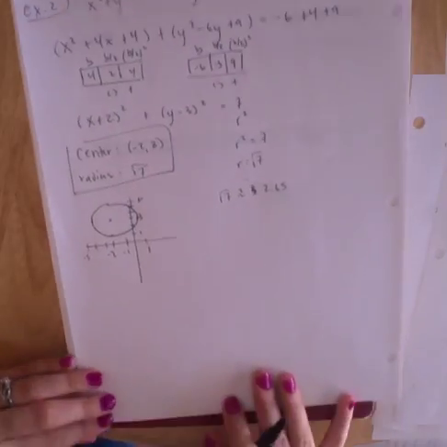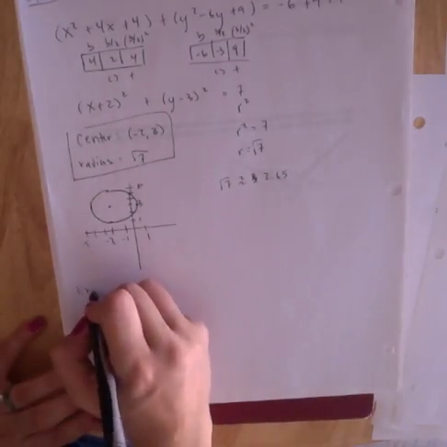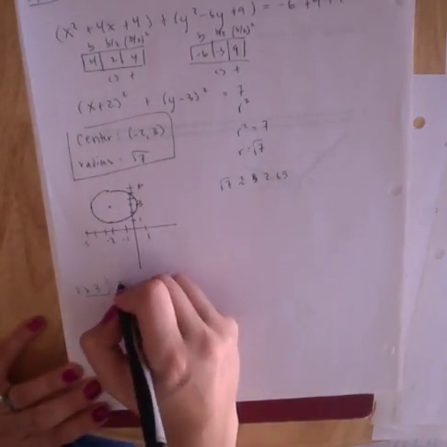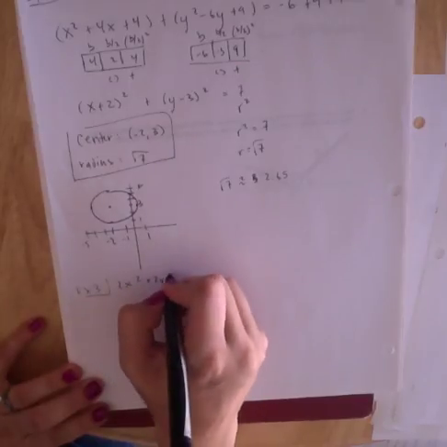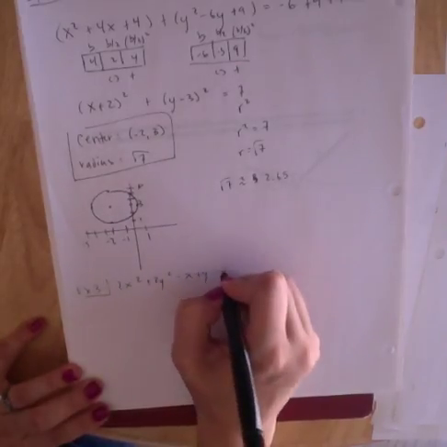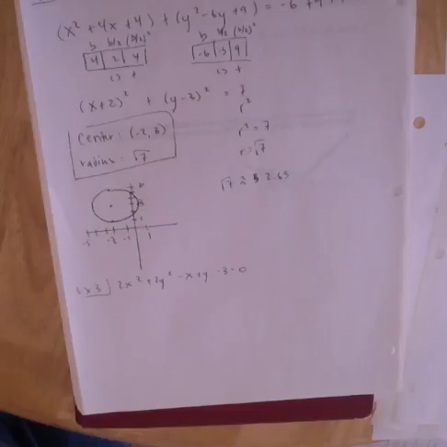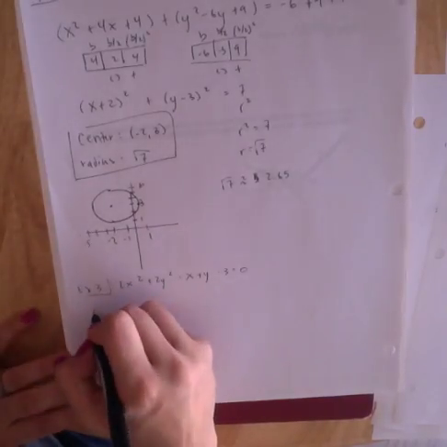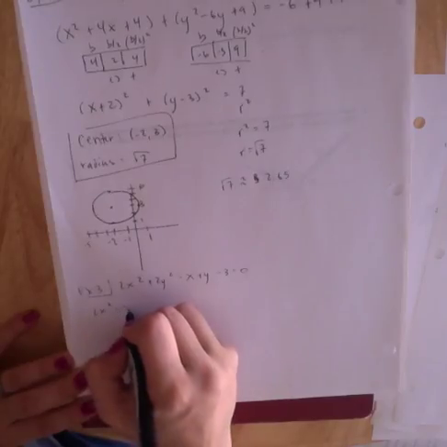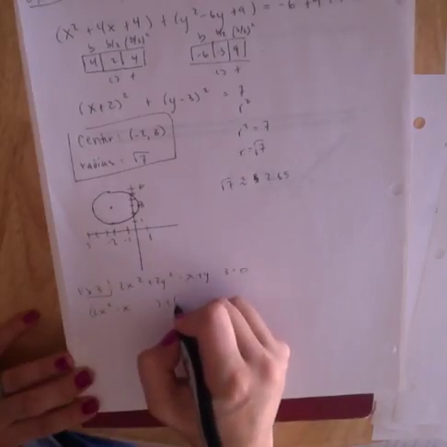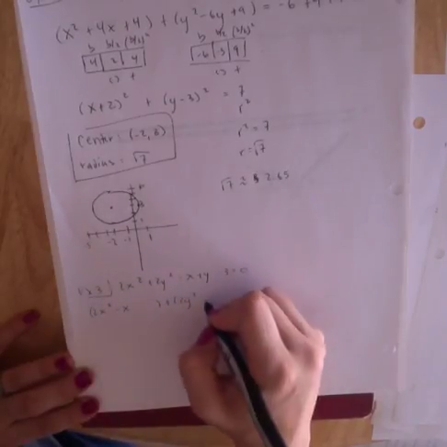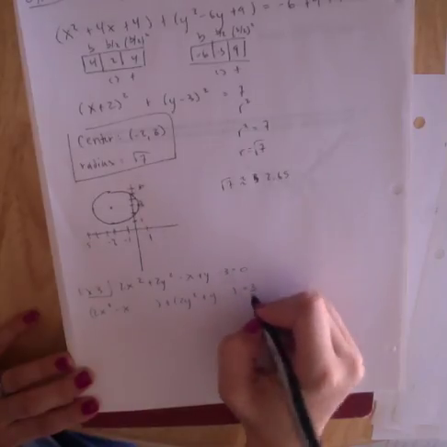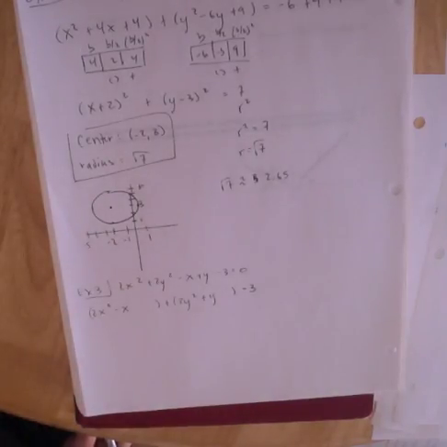All right, I'm going to do one more example. This one we have 2x squared plus 2y squared minus x plus y minus 3 equals 0. So I bunch my y's, bunch my x's. I'll have 2x squared minus x plus 2y squared plus y equals 3.